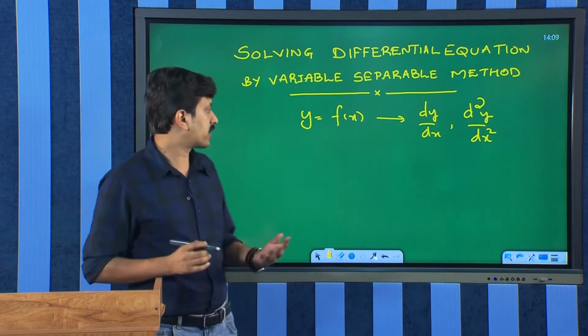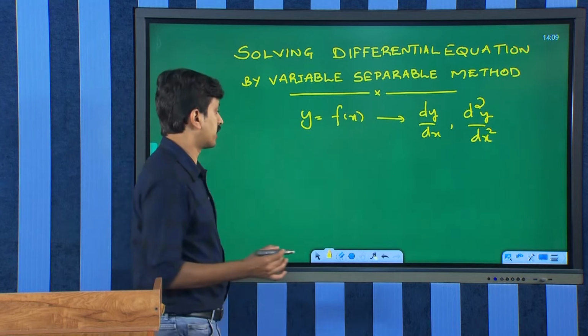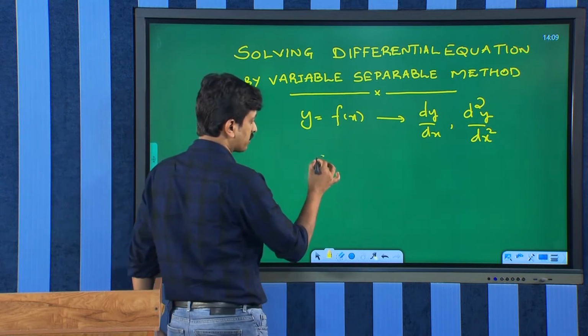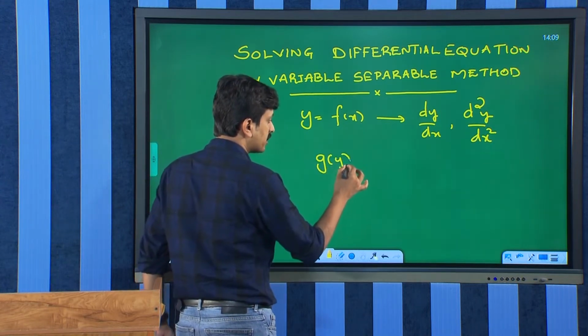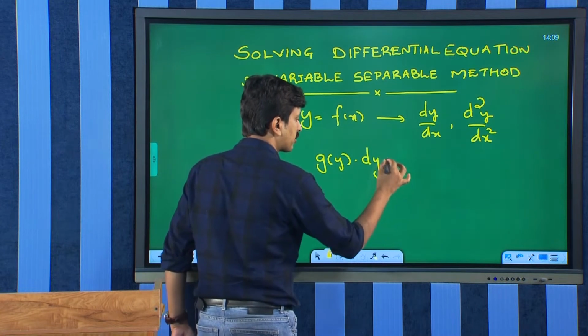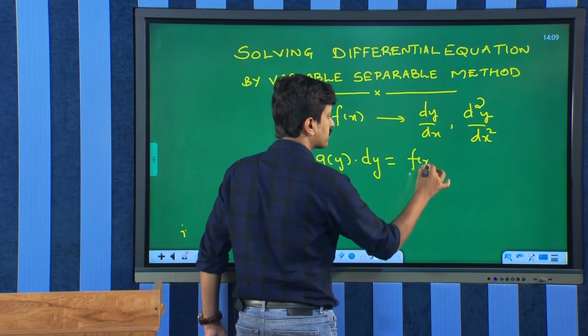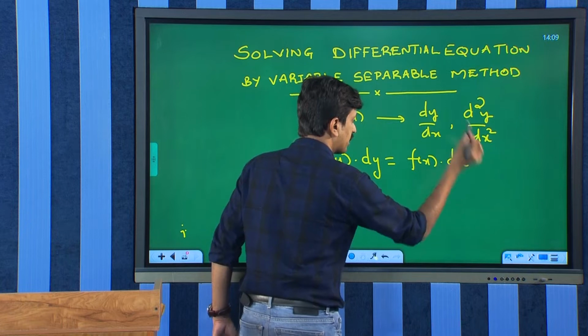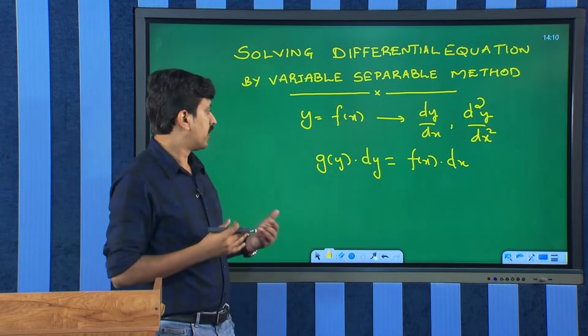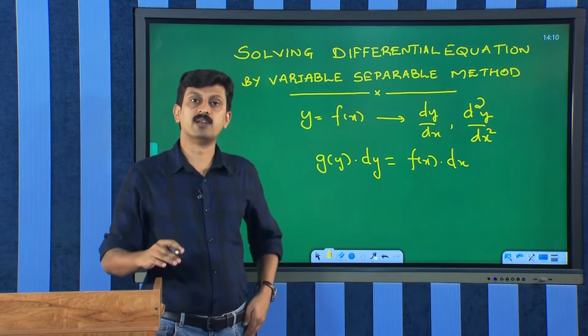We have many types of first order differential equations. Among them we can have some differential equation of the type g of y into dy is equal to some f of x into dx. That means we can separate the variables like this.